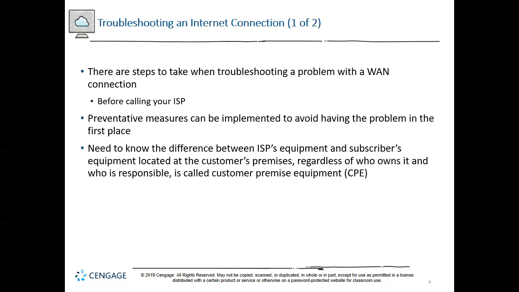All right, so the idea here is, supposing you're having a problem with your WAN connection, maybe before you go and talk to Ooredoo or Vodafone or whoever you're contracted to give you a WAN connection, maybe you should look at some things at your end, at your DTE end of things. Maybe you haven't configured it properly, there's some suggestions there. Maybe there are some things you could do about that.